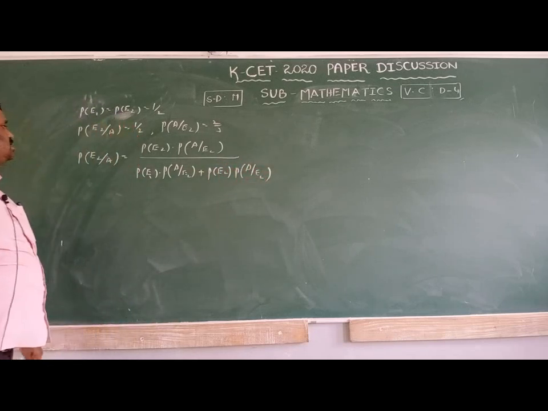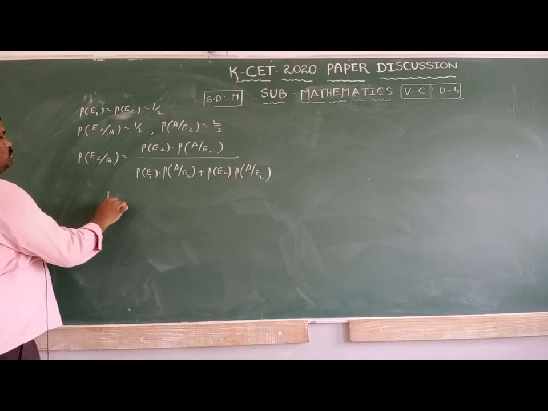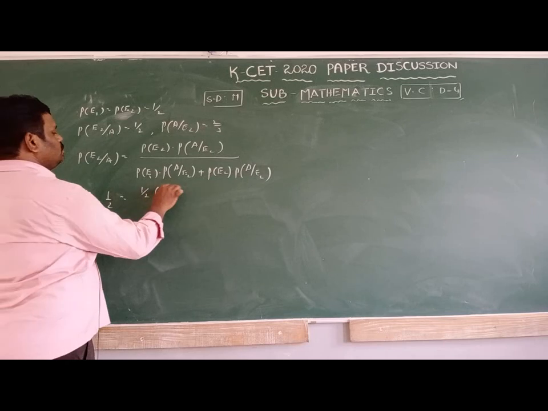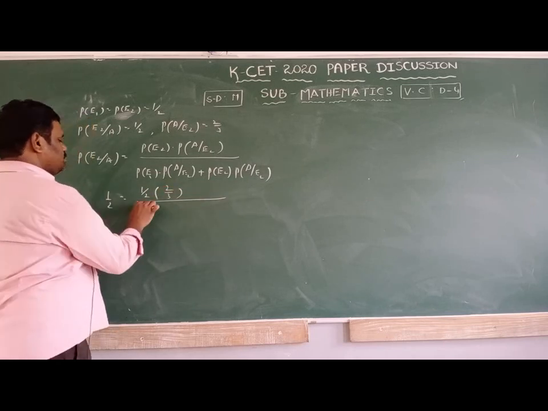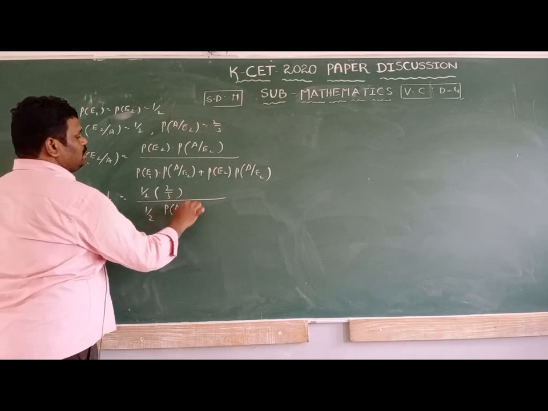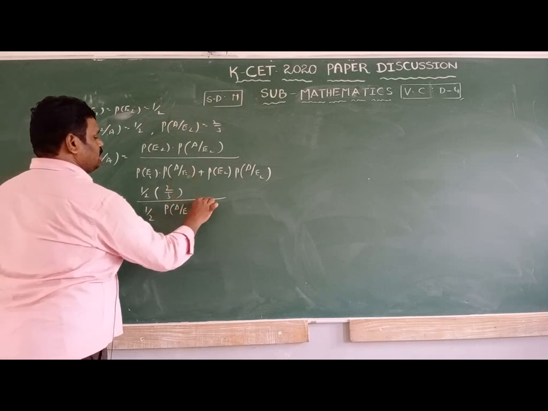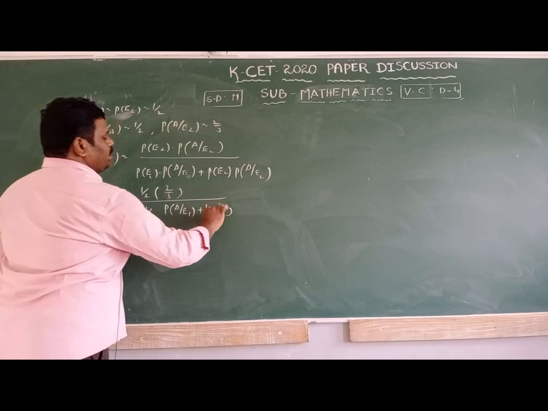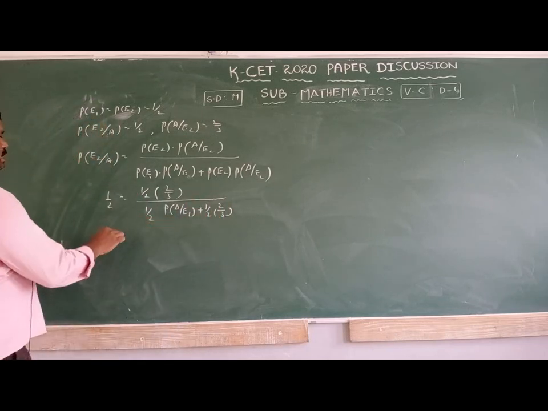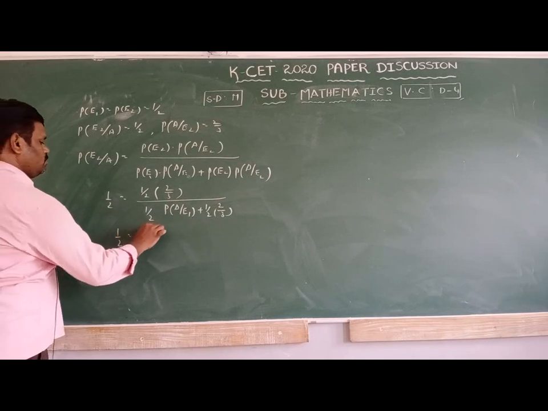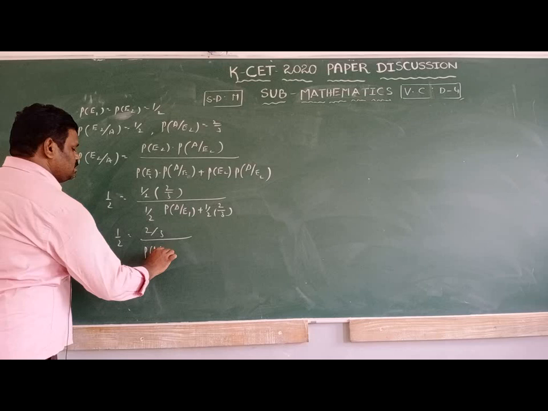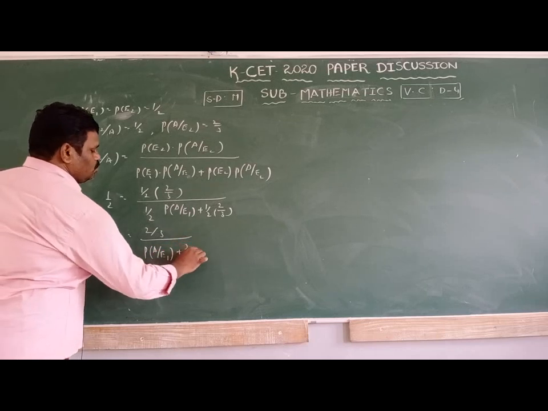Substituting, 1 by 2 is equal to 1 by 2 into 2 by 3, divided by 1 by 2 into probability of A divides E1 plus 1 by 2 into 2 by 3. Here the 1 by 2 cancels, so 1 by 2 is equal to 2 by 3 divided by probability of A divides E1 plus 2 by 3.